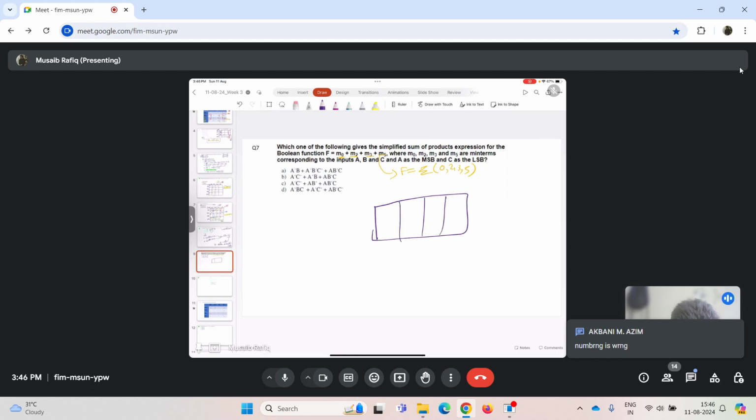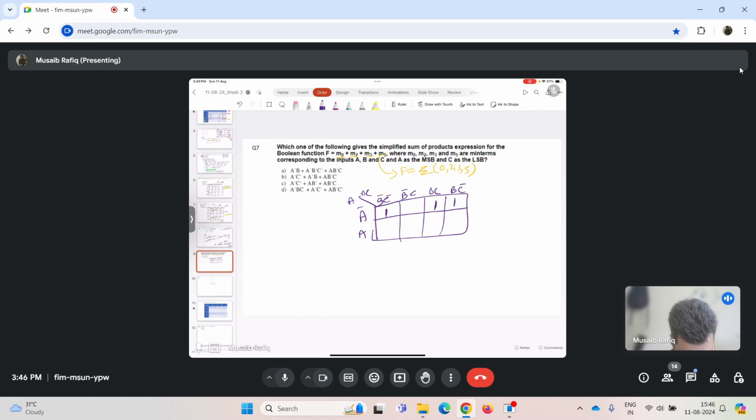I had marked 7 as well in the previous one in place of 5. A bar, A, B, B C. So this is B bar C bar, B bar C, B C, and B C bar. So 0 will be here, 2 will be here, 3 will be here, and 5 will be here only.